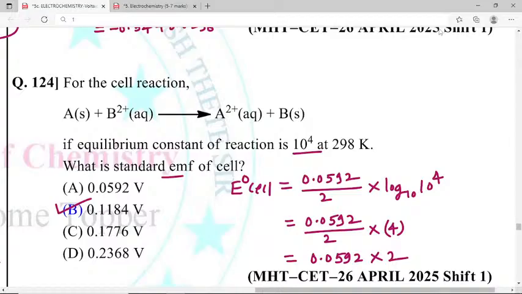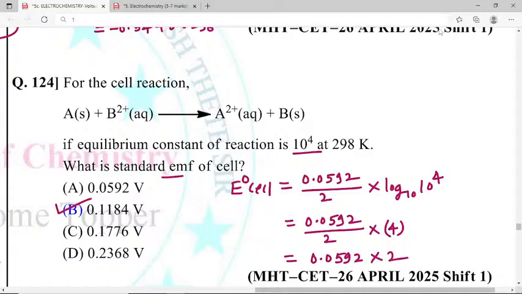Okay, 4 divided by 2. So this is 2. Please mention question number 124. 0.0592 divided by 2 into log of the 10 to power 4. So log of the 10 to power 4 becomes 4 into log 10 to the base 10, na? Get it?